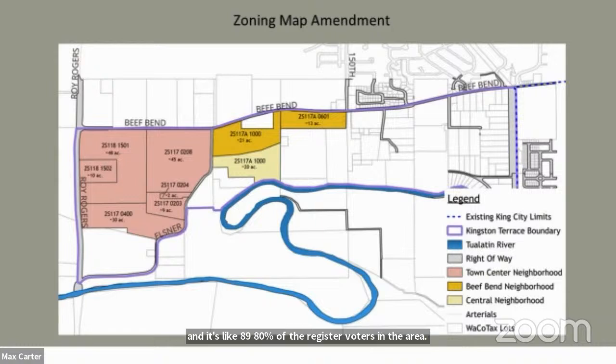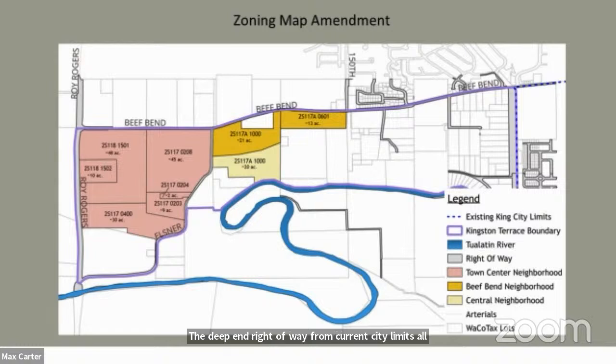So we are in excess of the double majority, therefore satisfying the criteria to bring it in through annexation. Other components are contiguousness. The contiguous factor is being accomplished through the annexation of the southwest portion of the Beef Bend right-of-way from current city limits all the way to Roy Rogers.